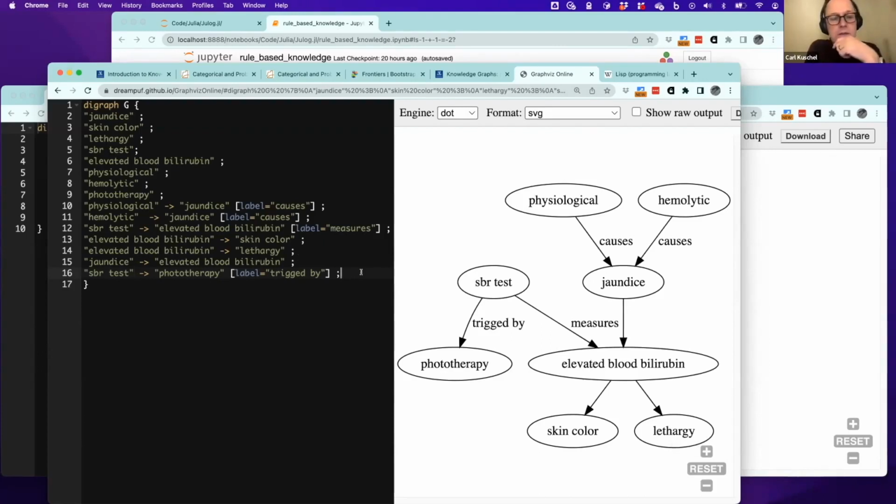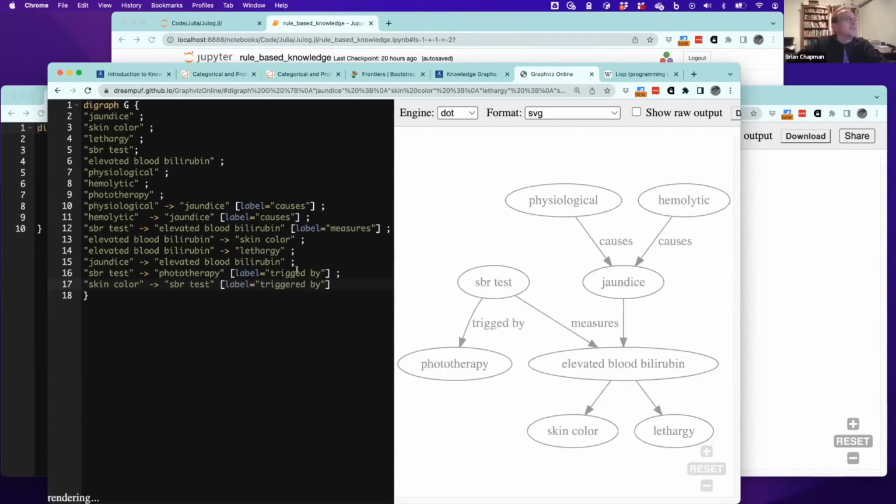Just take the lethargy out, because I think something we associate with it, but it's usually the skin color. Okay, so I'm going to say skin color and SBR test, and the label equals triggered by, if I get a trigger.